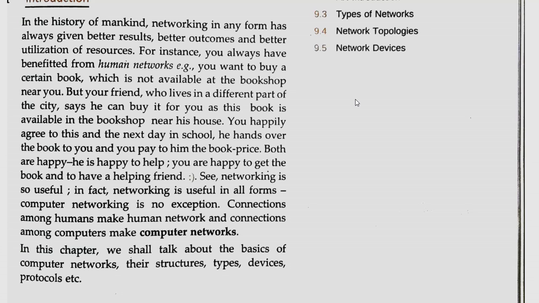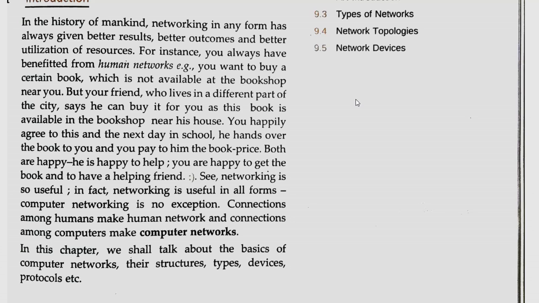But since he had a friend living near that bookshop, he could ask his friend to purchase the book, and the next day give him the money. So there was a resource with the second friend, and the first friend was in need of that resource. This resource fulfilling, this exchange, happened because of the network. So here it was a human network.